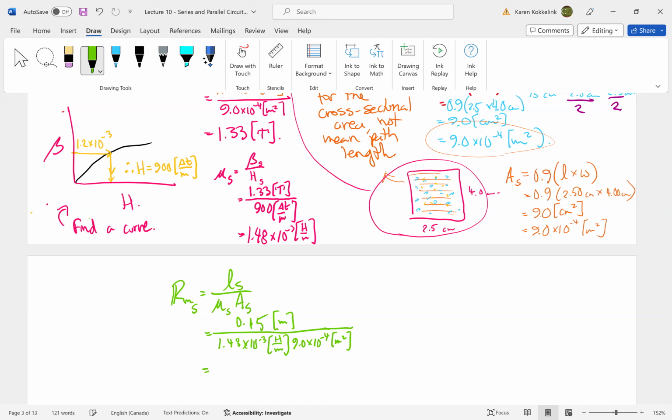If I put all of that in a calculator, I do have the answer to that one, 1.1 times 10 to the 5. Reluctance is in amps per Weber, and I'm going to put the unofficial unit of turns in there as well, because it really does make things simpler.